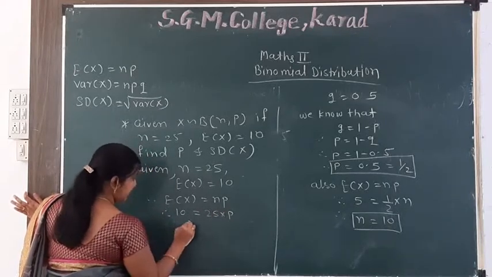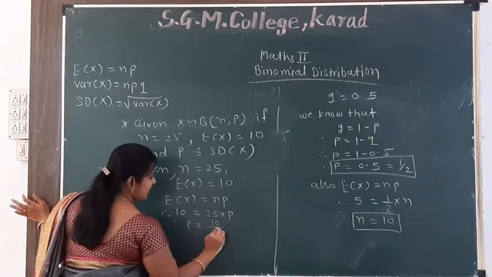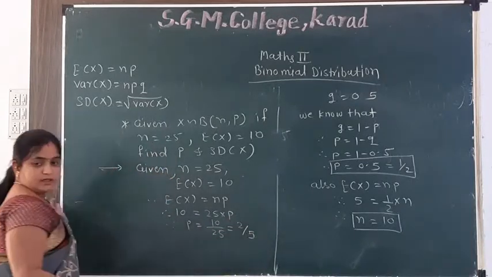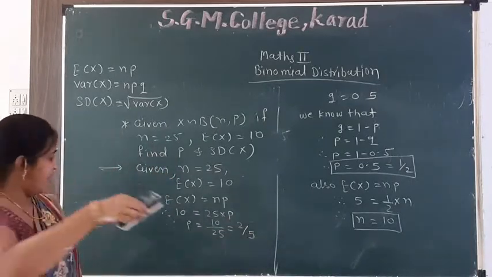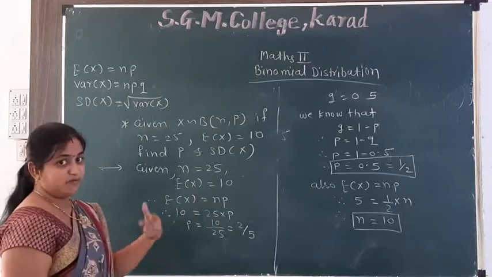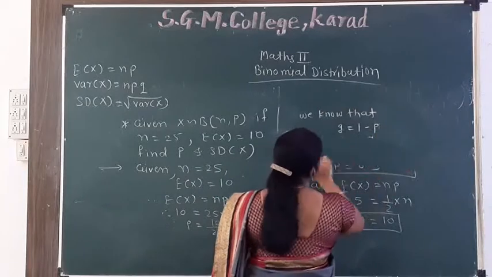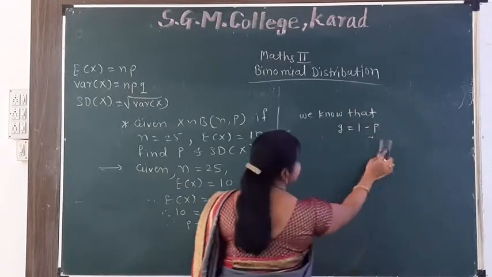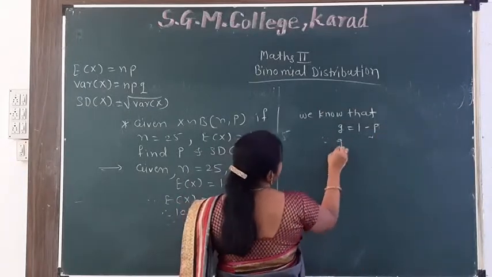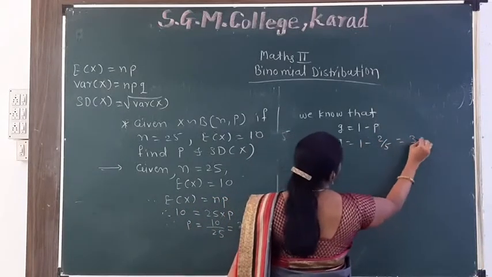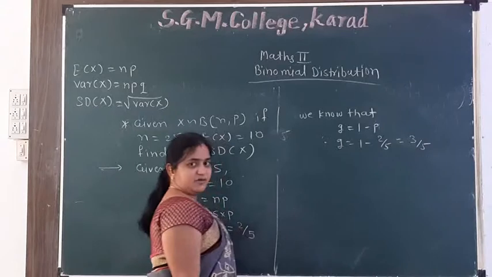So, therefore, we get p is equal to 10 divided by 25, which is 2 upon 5. Now, we have the p value. Now, we find the q value. How to find the q value? We know that q is equal to 1 minus p. So, therefore, q is equal to 1 minus 2 upon 5, which is 3 upon 5. This is my q value.